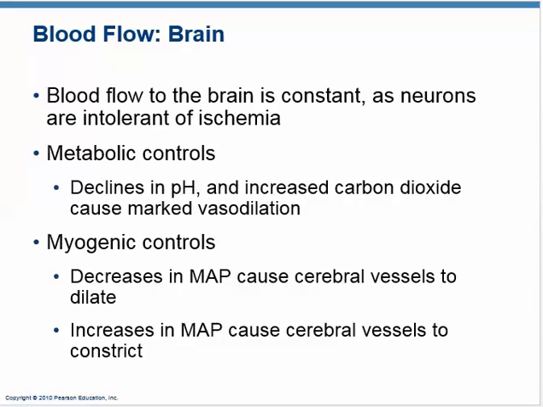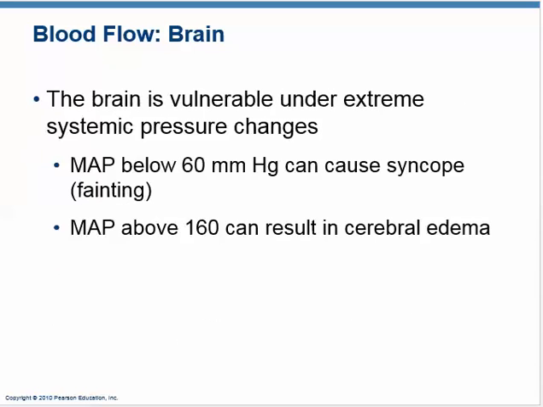We use the metabolic controls during times of increased carbon dioxide, increased acidity, which is a decline in pH, things like that. Maybe if it's bad enough, decreased O2. So the brain just doesn't do well with changes.